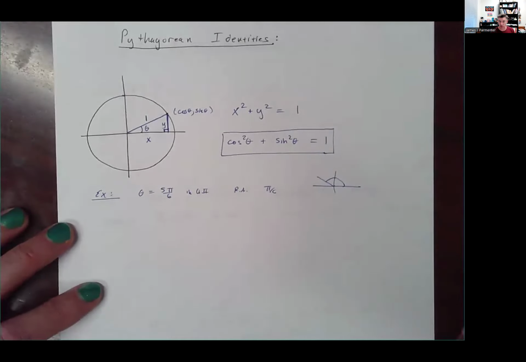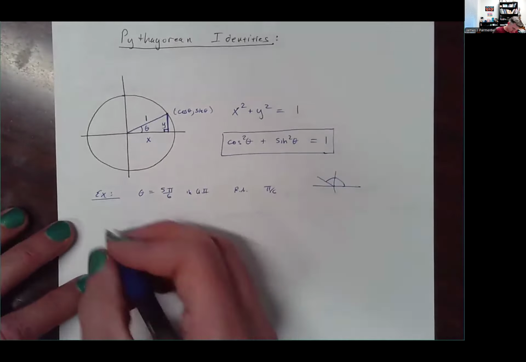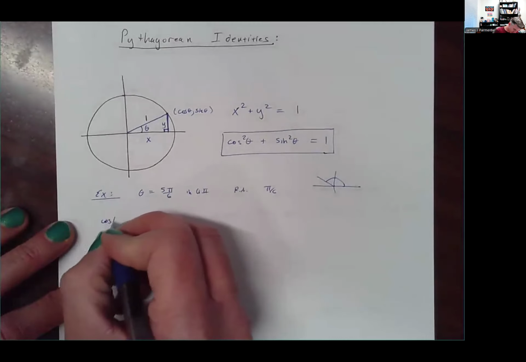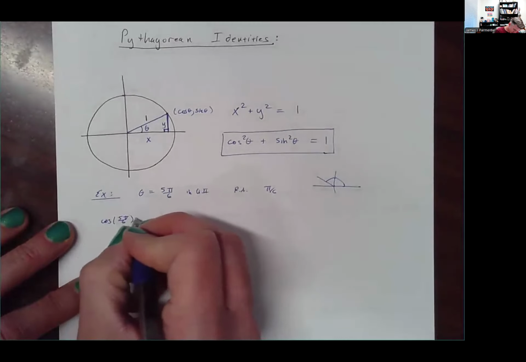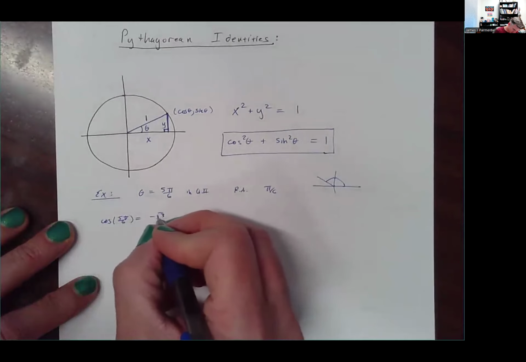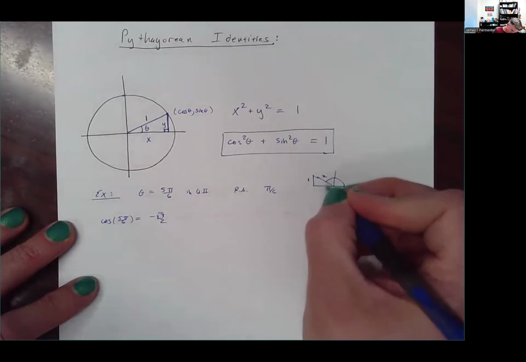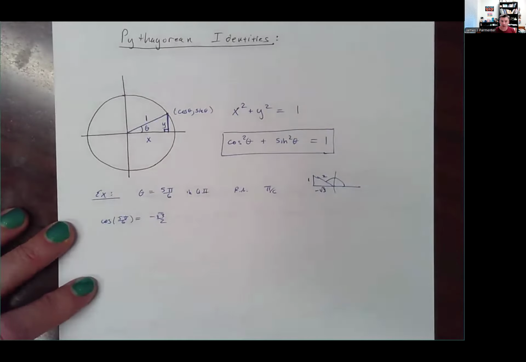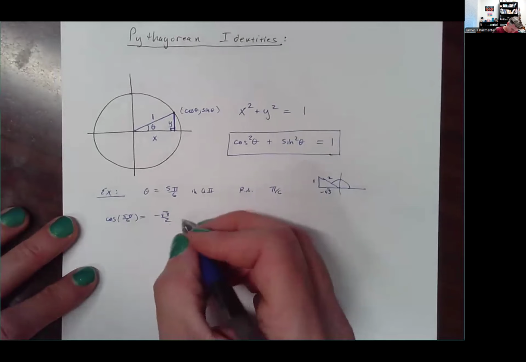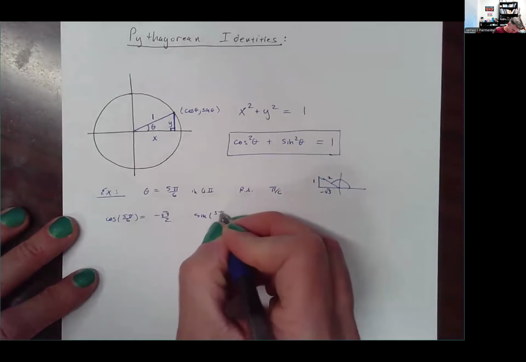So I know that cosine should be negative and sine should be positive. So cosine of 5 pi over 6 is going to be negative root 3 over 2. Thinking about the triangle, right? It's a 1 there, a 2 there, a negative root 3 there. And then sine of 5 pi over 6 is going to be positive 1/2.